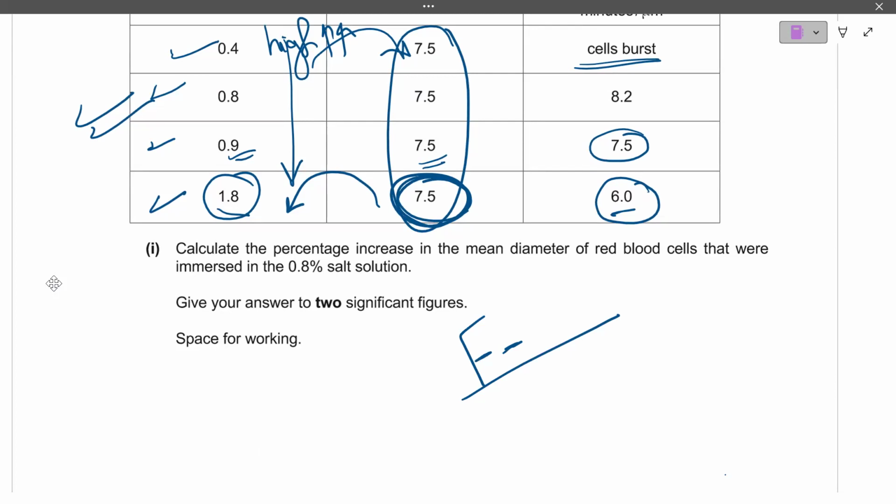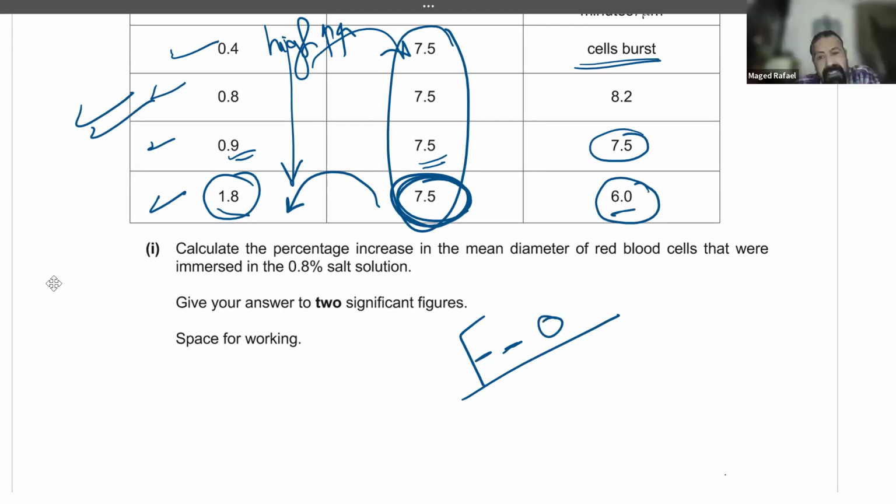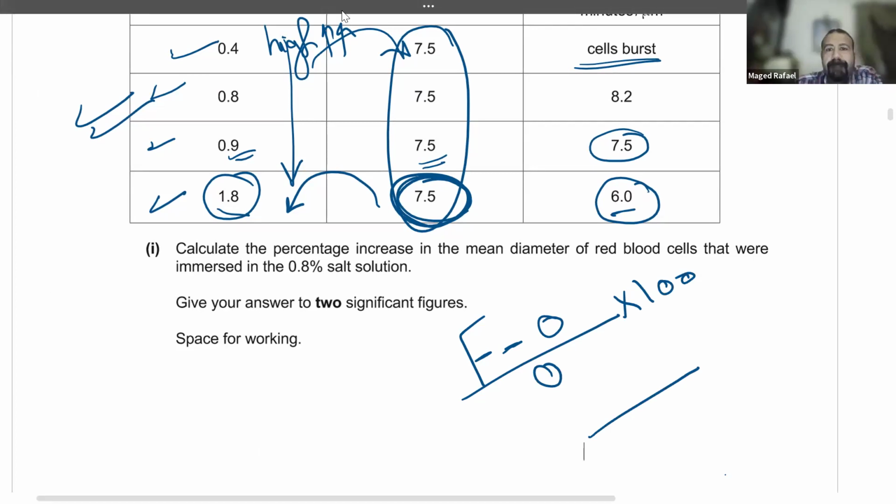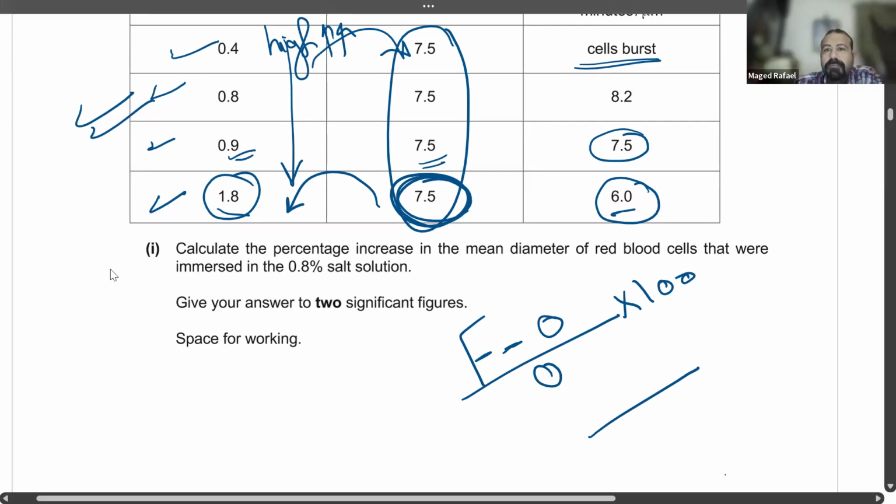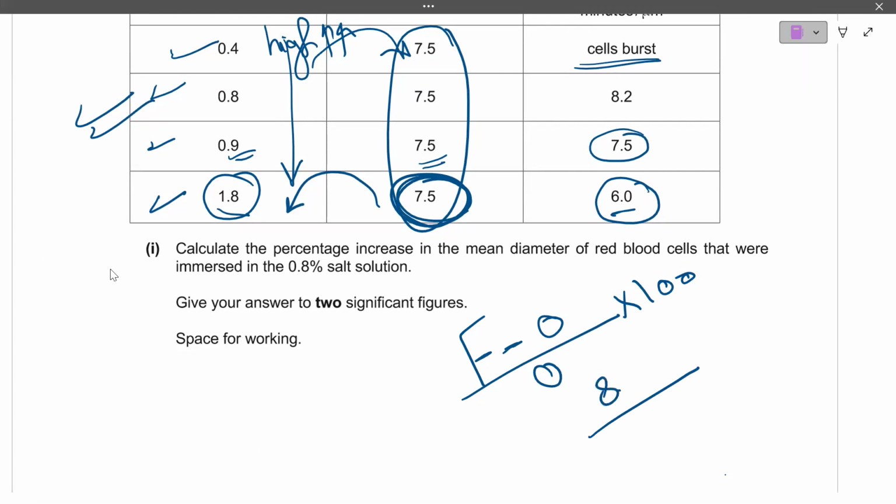Final minus old over old, right? Times 100. Exactly. Final minus original divided by original times 100. So could you please substitute, what is the final here? 9.3.